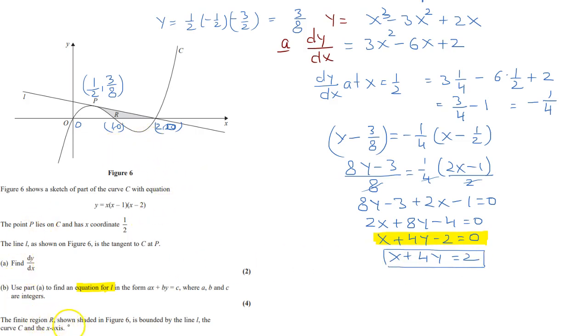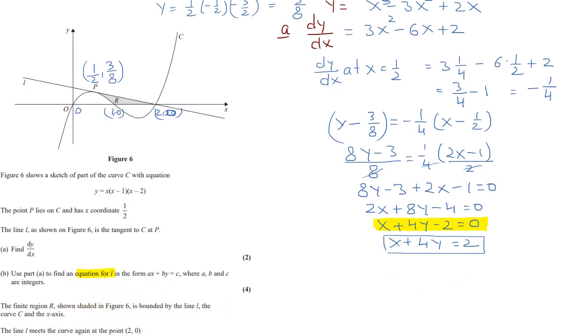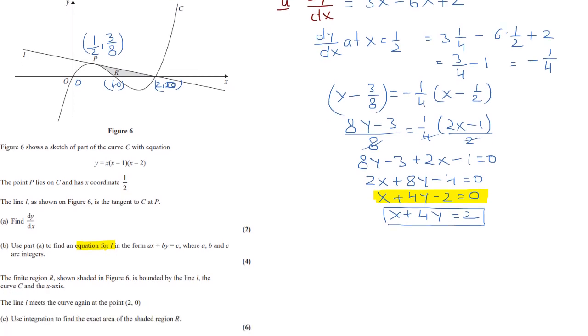Find the finite region R. Show that the shaded region is bound by the line L and the curve. So the line L meets the curve at point 2, 0. Yes.